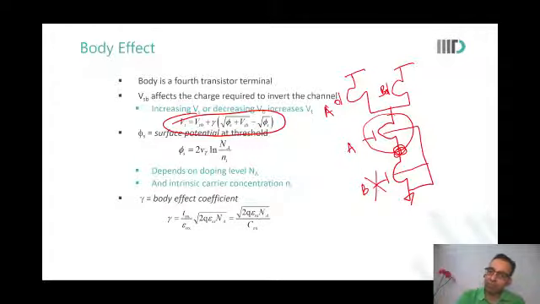If this device is off, what is the value on the source? Some finite value above ground. The value on the source could be VDD also. If A is 1 and B is 0, then this starts to charge this node. So this internal node could be VDD also. But if A is also off, A is also 0, then this internal node could be anything. Need not necessarily be VDD, but it could be some floating number.